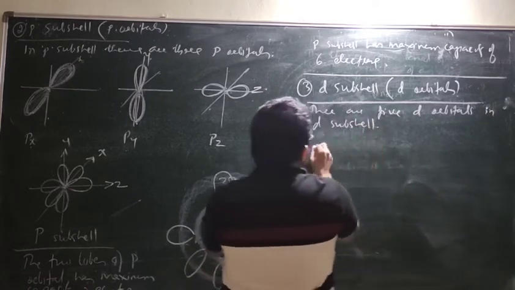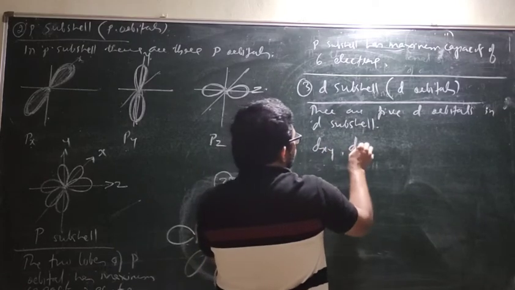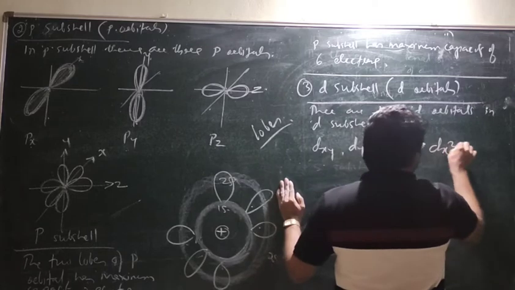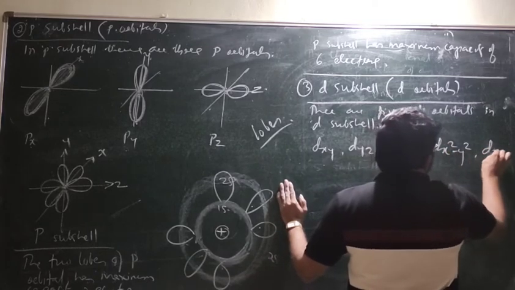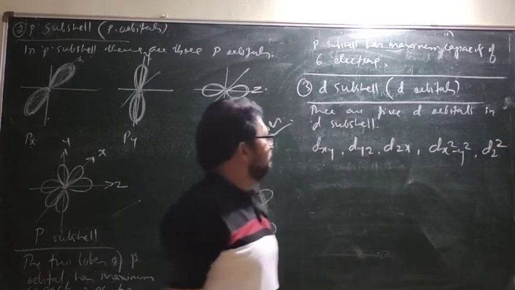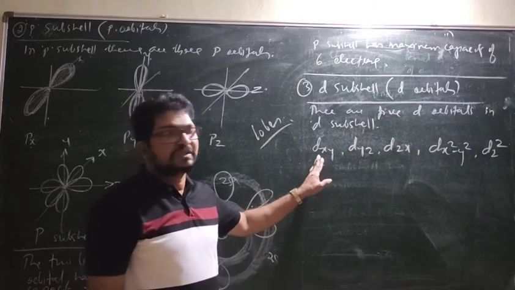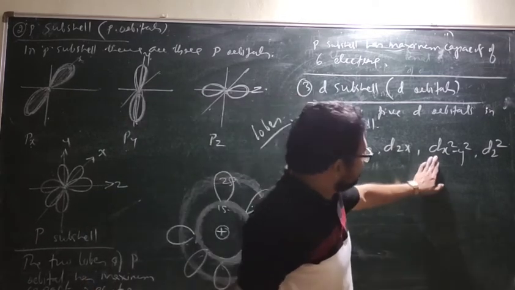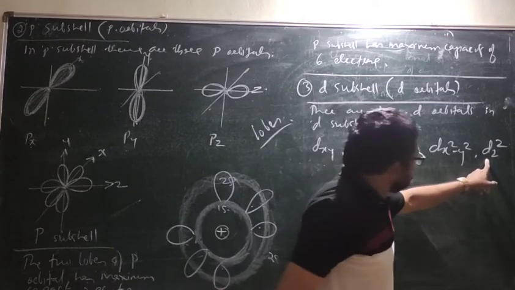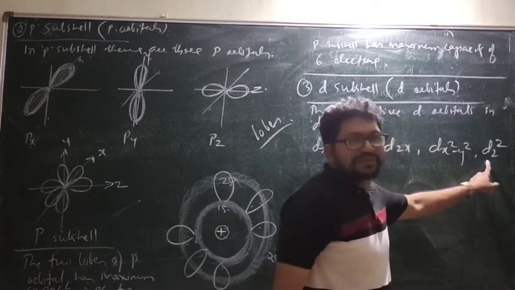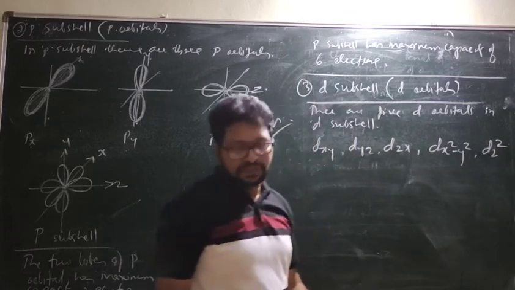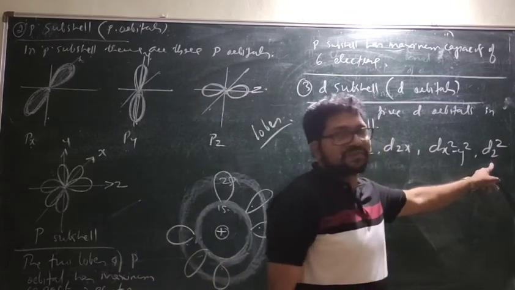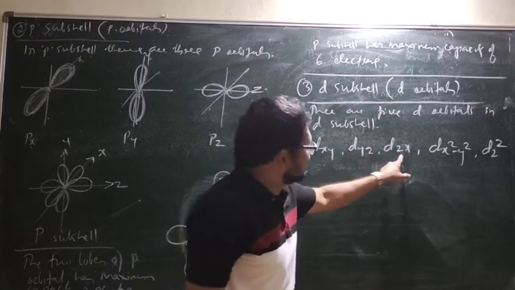They are designated as dxy, dyz, dzx, dx square minus y square, dz square. These are the 5 d orbitals. Actually it is dy square minus z square, but I will tell you why it is dz square. So the priority internuclear axis is dz square because these are in between the axis.